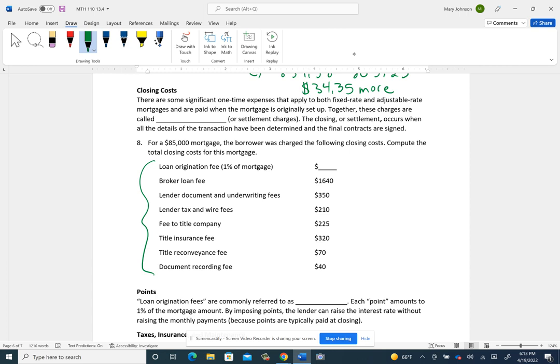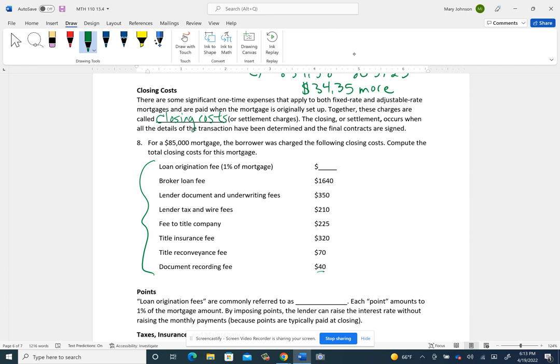All right, so these charges altogether are called the closing costs. A lot of them are amounts that are set by them. Some of them are done as percentages of your mortgage. And like when they record the deed at the courthouse, there's a fee for that. There's a lot of different fees that you pay.